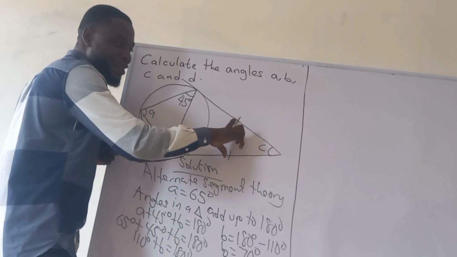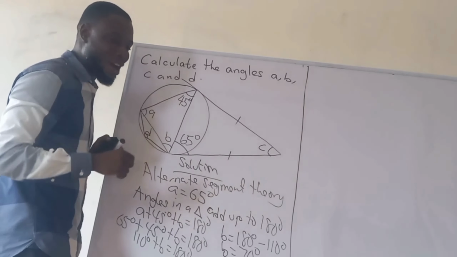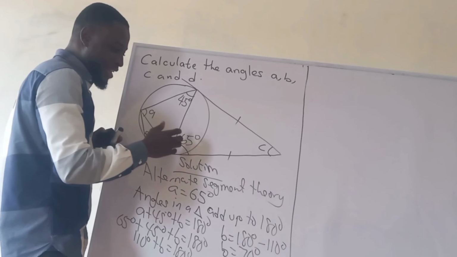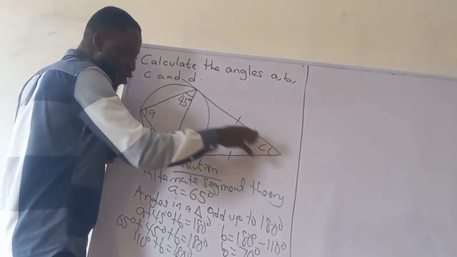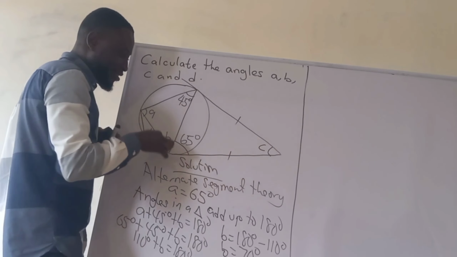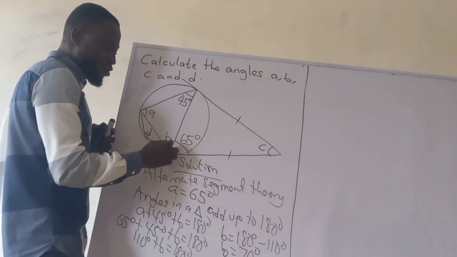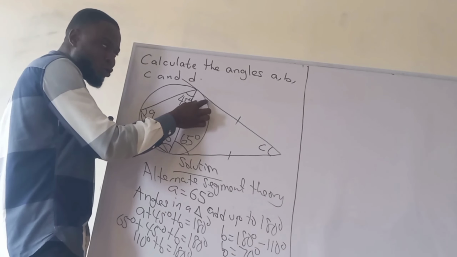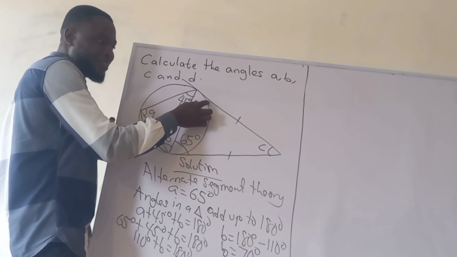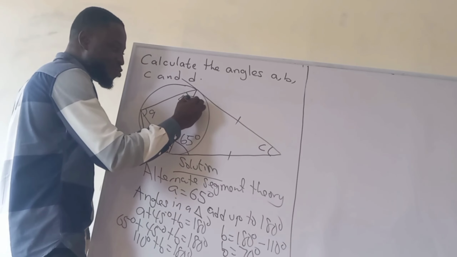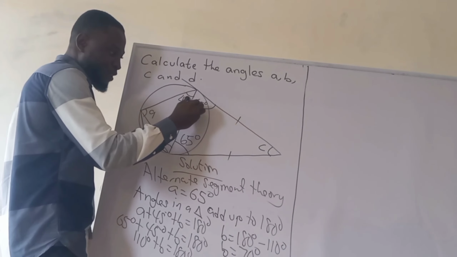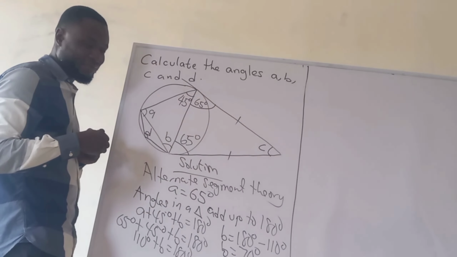If two lengths are equal, it means that two angles are also equal. So the base angles of this triangle, which is isosceles, should be equal. So this is 65 degrees. Automatically this one should also be 65 degrees because it has equal length. So this is also 65 degrees.